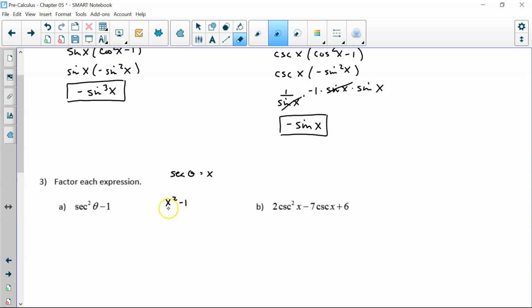That's much easier for me to factor. What that does is that gives us x plus 1 and x minus 1. So now, if we substitute that secant theta back in, we're left with secant theta plus 1 and secant of theta minus 1. That is factored.